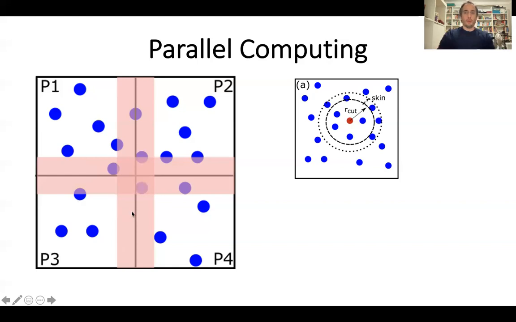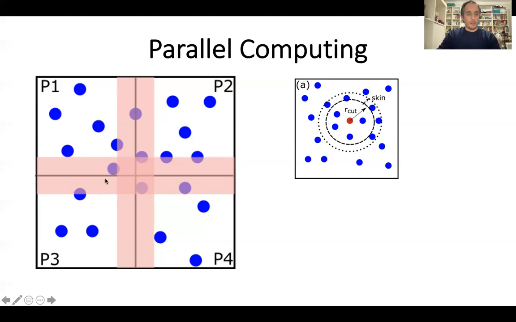So you don't want to communicate in the middle of checking all the parts of the force, mainly the force computation, which is a heavy part, it's a bottleneck. So what is done is that you have these red regions, and every particle that belongs to one process and that is inside of this red region will be a ghost to the neighboring process.